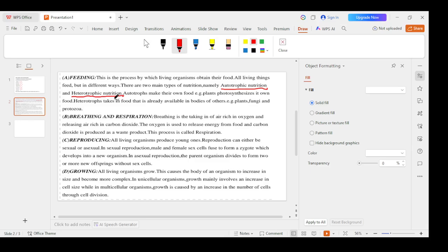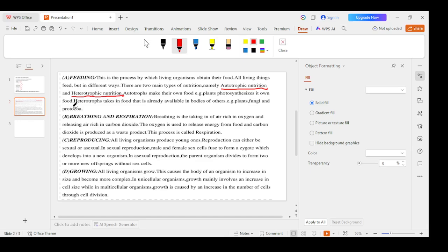Now when you talk about autotrophic nutrition, this is where you find the autotrophs, making their own food. This type of nutrition basically happens in plants. You know what photosynthesis is, a process where plants make their own food. Now we have another one which we call heterotrophs or heterotrophic nutrition.